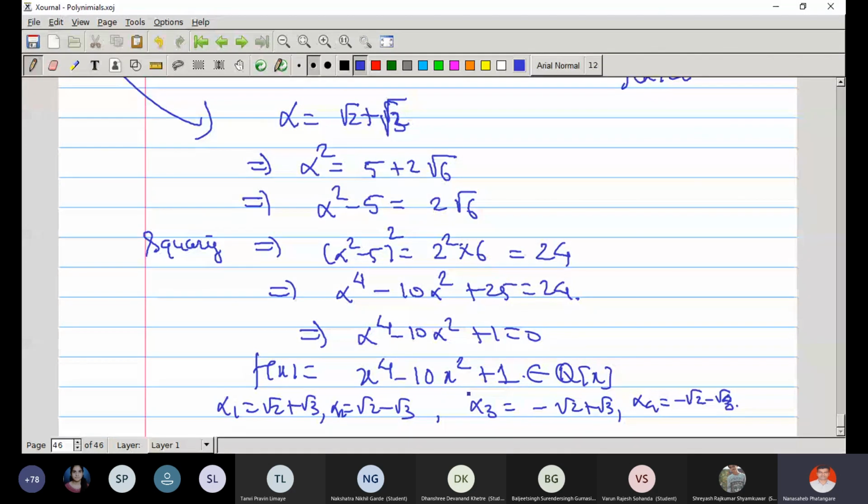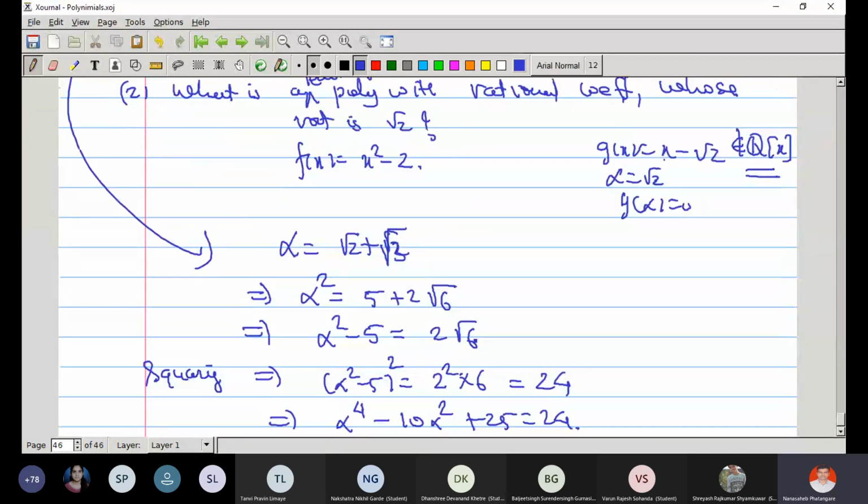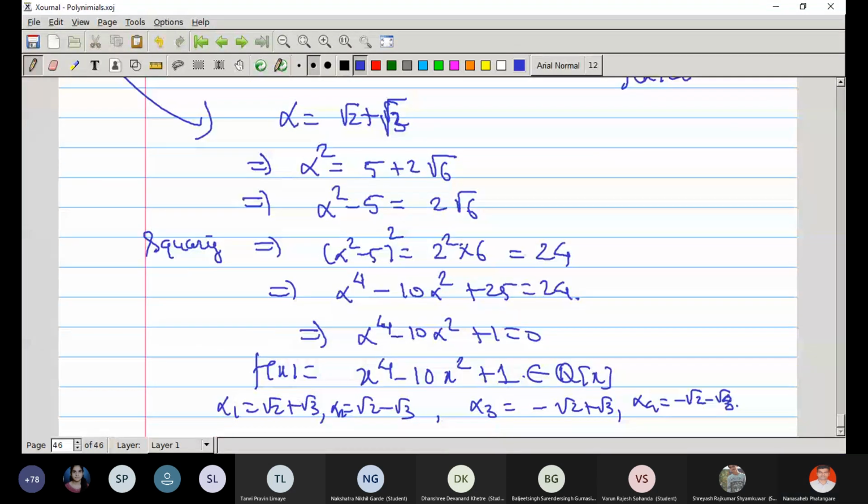You find out. If roots are distinct, then there are 4 distinct roots. If roots are not distinct, then roots are repeated. Is it true that roots are repeated? No. So these are the 4 roots. You check this. Is it clear?